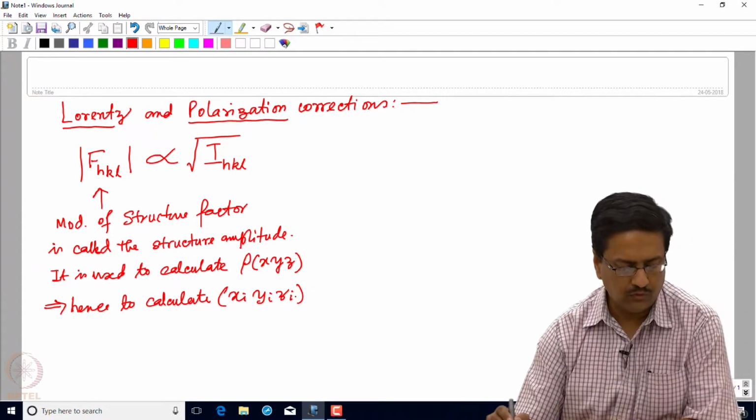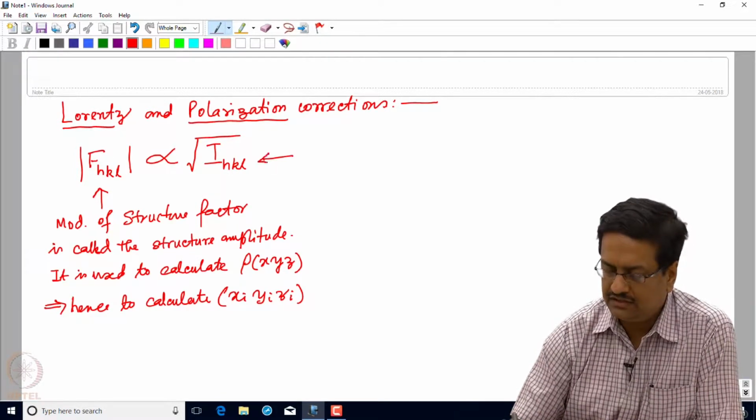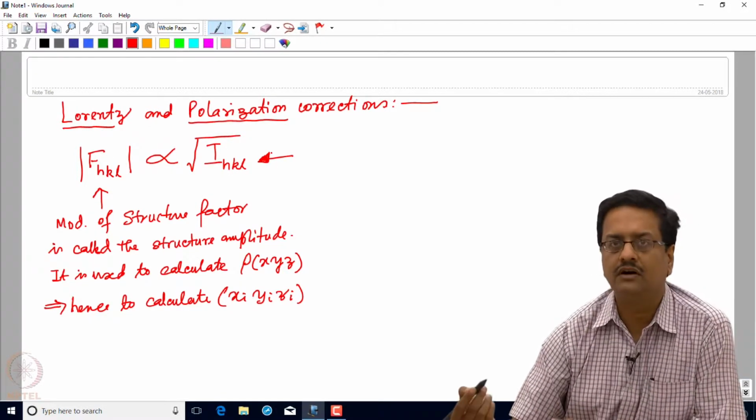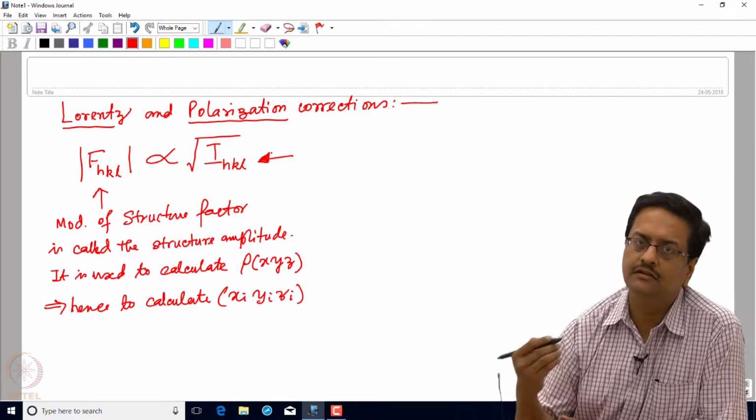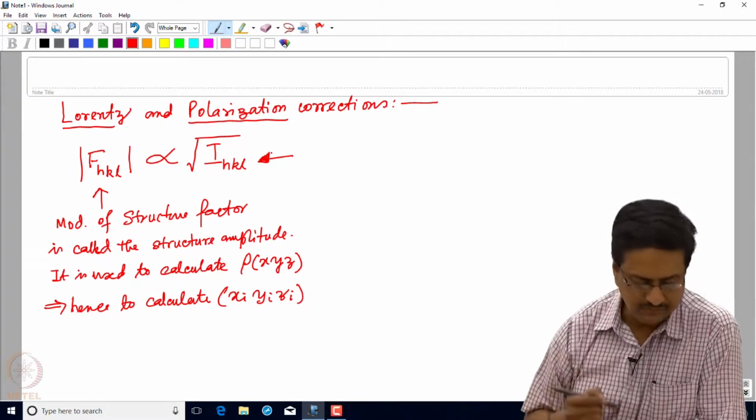And what is measured is the I_HKL, the intensity that comes out of every lattice plane designated as H, K and L.